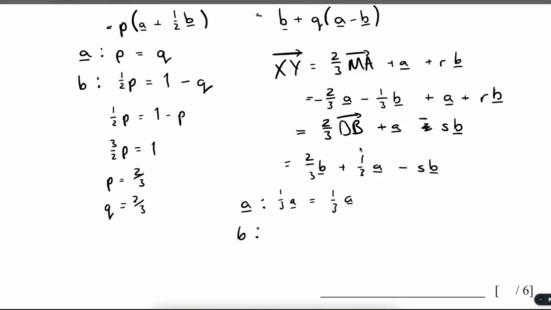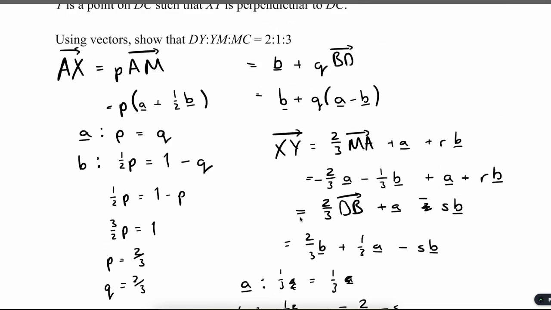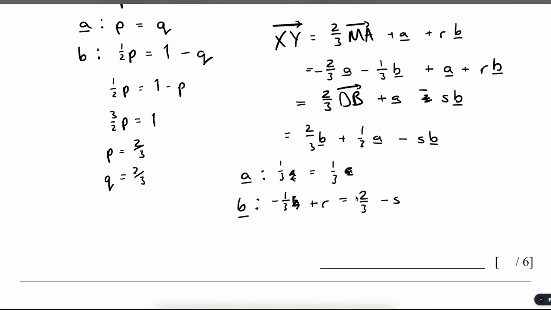And then for the b terms, we've got minus 1/3 b plus r. Let's ignore the a's. So minus 1/3 plus r equals 2/3 minus s. So notice we've been trying to find it using XY, but there's a reason why these equations aren't working, okay?